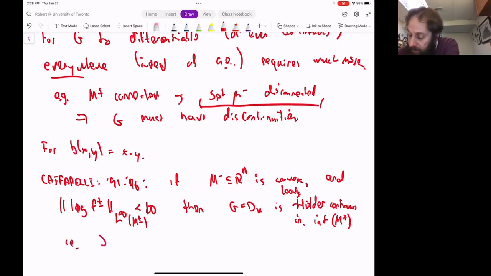I.e., there exists some exponent between 0 and 1 such that u is continuously differentiable and its derivative is Hölder continuous.